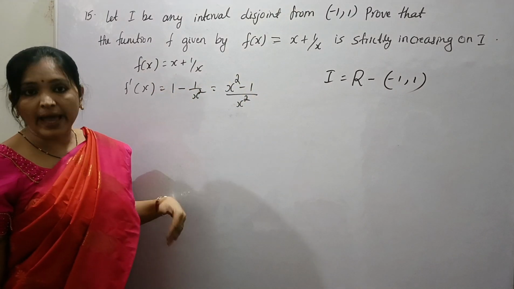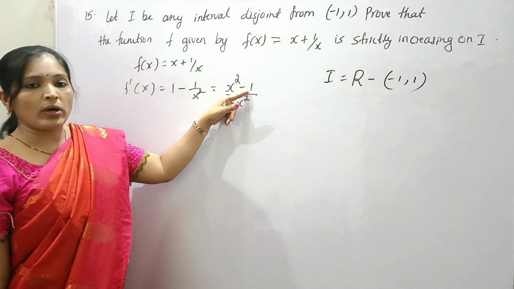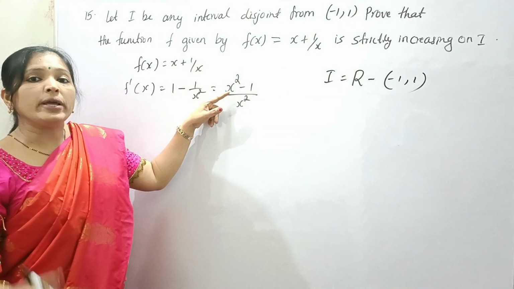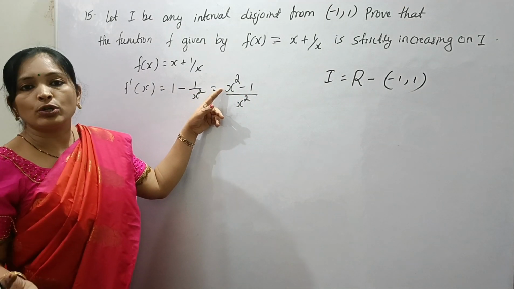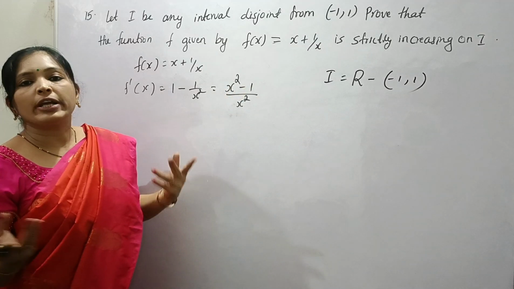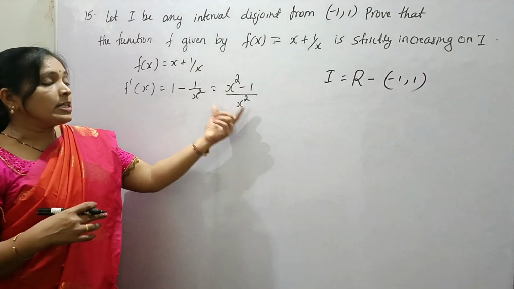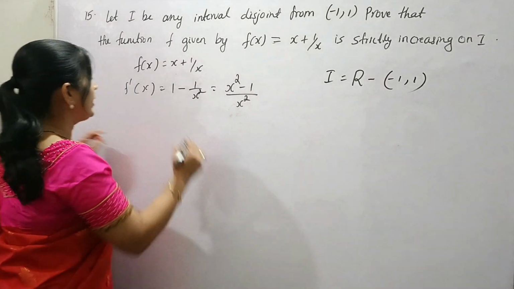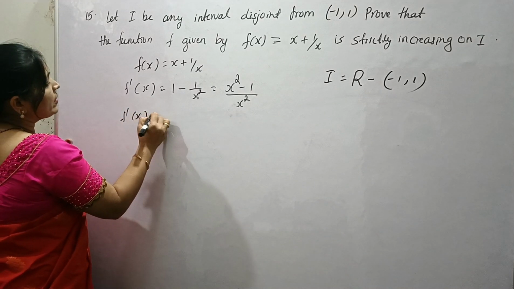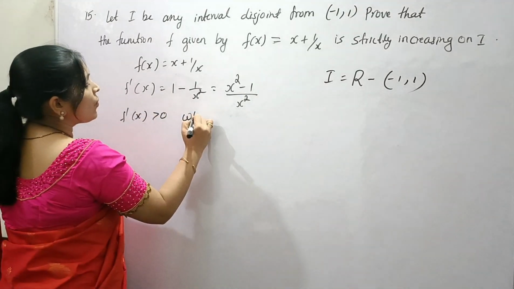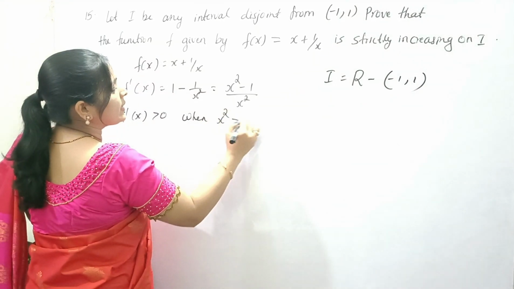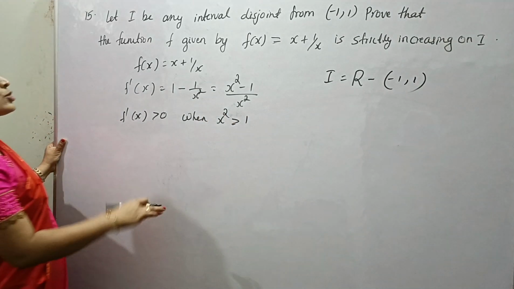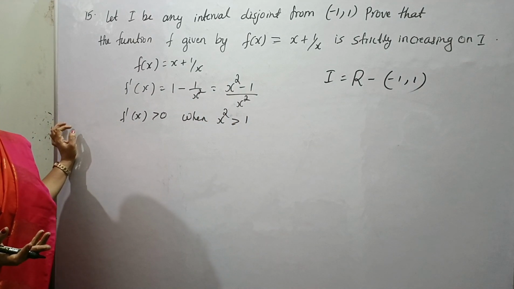If x square is less than 1, suppose x square is equal to 0, then 0 minus 1, you will get a negative value. So it is positive only if x square is greater than 1. So f dash of x is greater than 0 when x square is greater than 1.